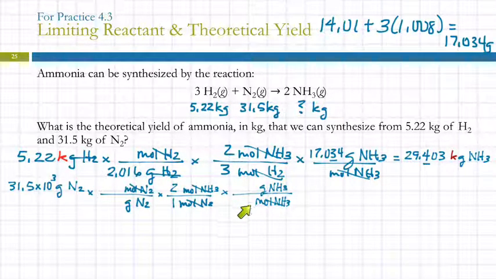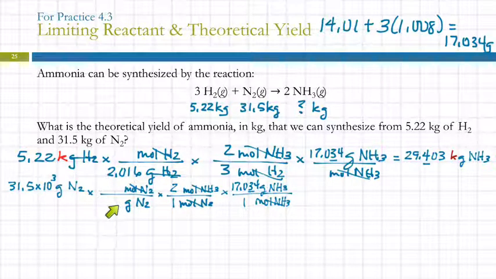This last term should look a little familiar. Grams of ammonia to moles of ammonia. That's exactly the same as this term. That's not a coincidence. We already have the molar mass because we had to calculate it for the first one, so we'll just stick it in there.